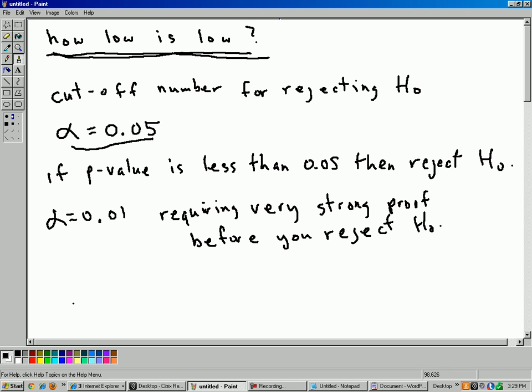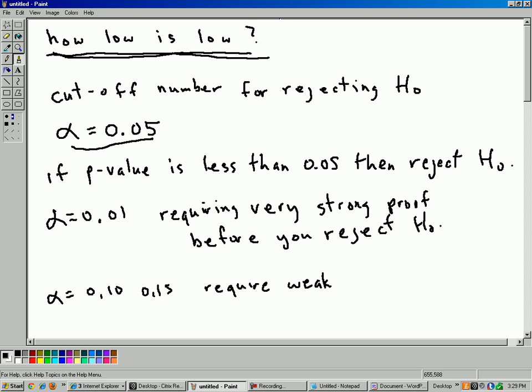Now, sometimes you want to raise that alpha. You might want to go up to like 0.10 or even 0.15 or something like that. That makes it easy to reject that null hypothesis. So this is if you only require weak evidence.